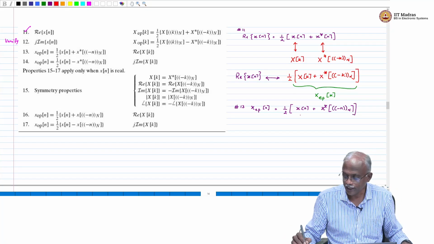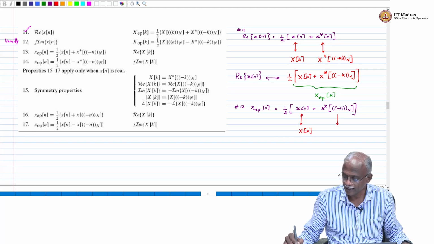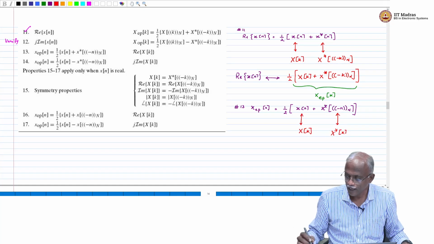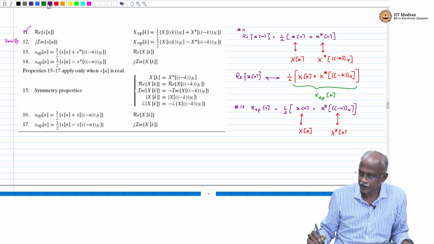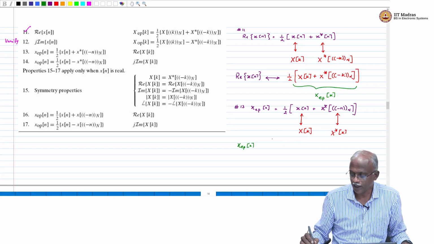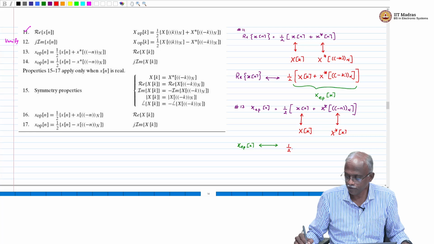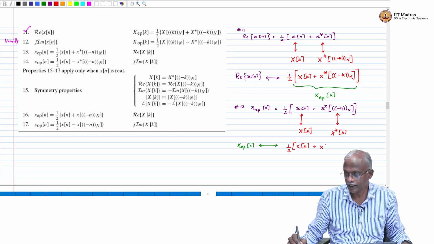So what are the corresponding DFTs? In this case, the DFT will be x of k. In this case, it is x conjugate of k, and therefore we get the relationship that x EP of n, the even part of x of n, has got a DFT relationship that is given by 1/2 of x of k plus x conjugate of k.